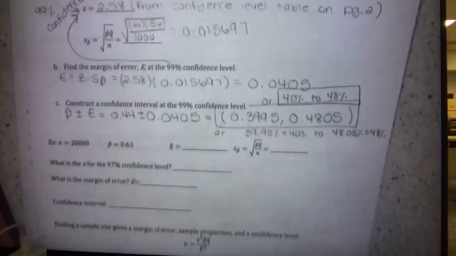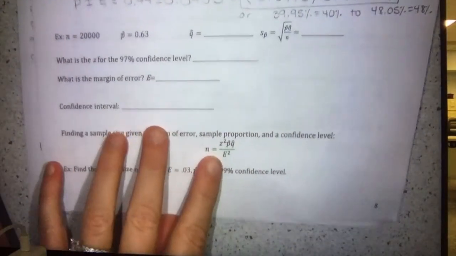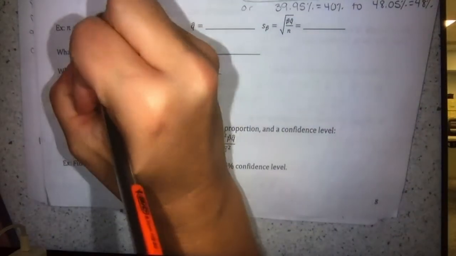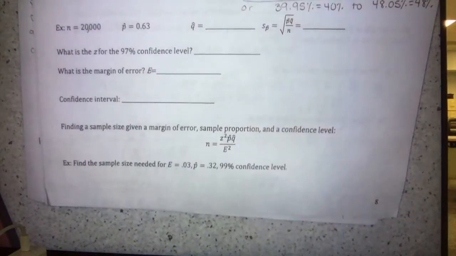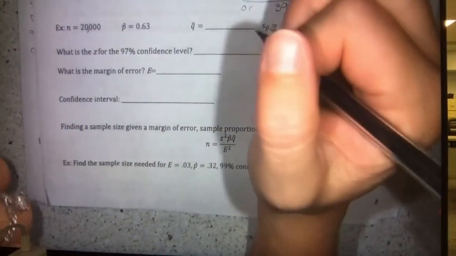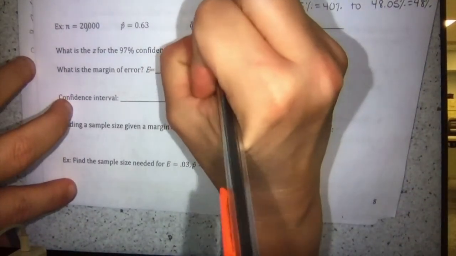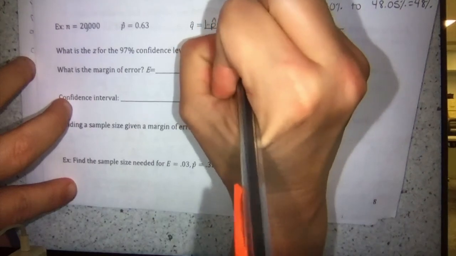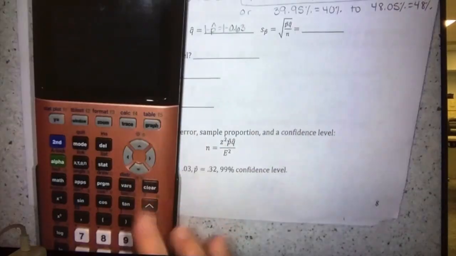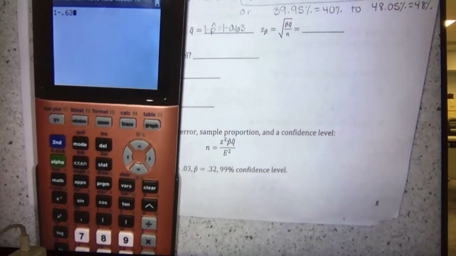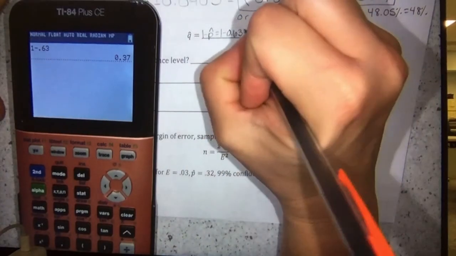All right, so let's do the next example. This time our n is 20,000. Our p hat is 0.63. That means our q hat is 1 minus p hat. So 1 minus 0.63, and we get 0.37.